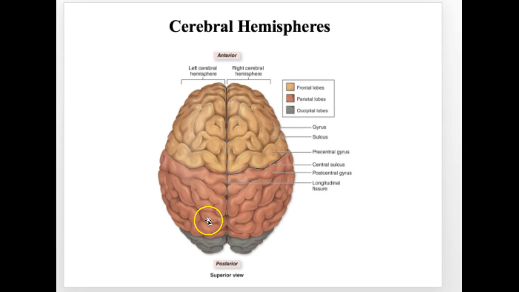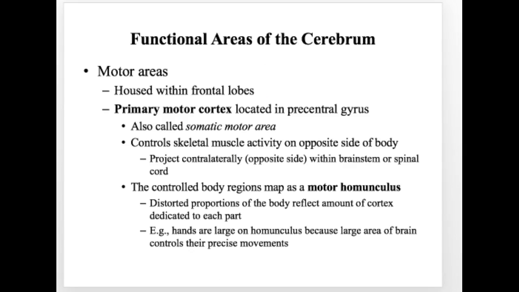Here's another look at the cerebral hemispheres, where you can see the frontal lobe, the parietal lobes, and the occipital lobes. Functional areas of the cerebrum include, as mentioned previously, motor areas as well as sensory areas.